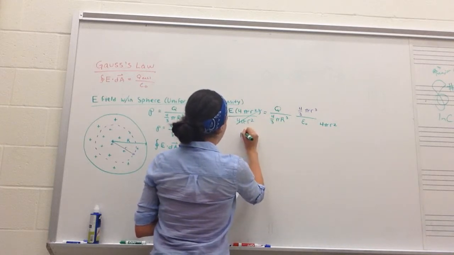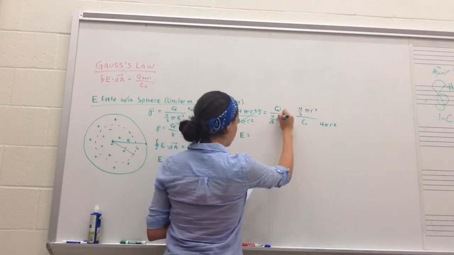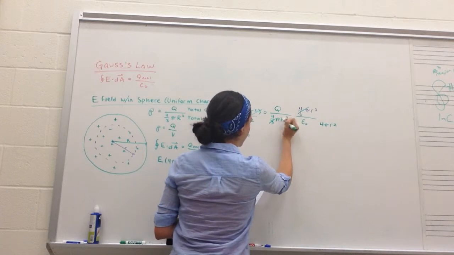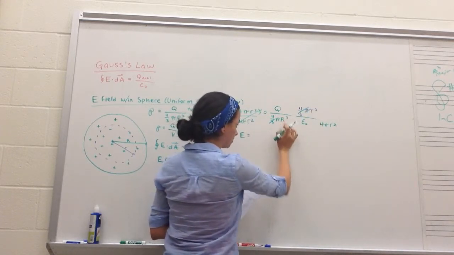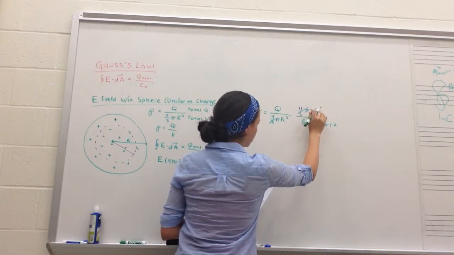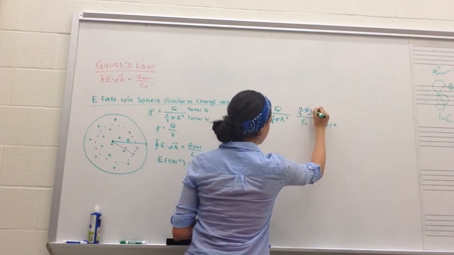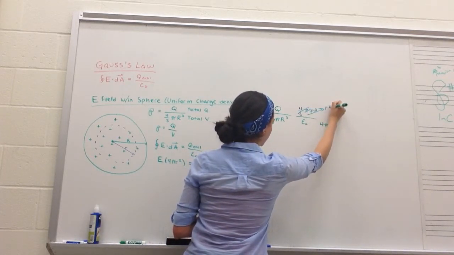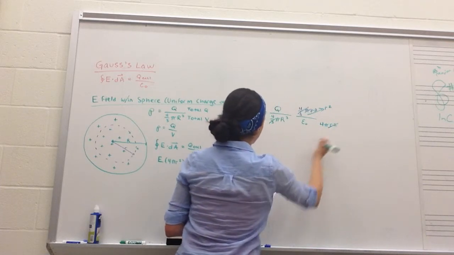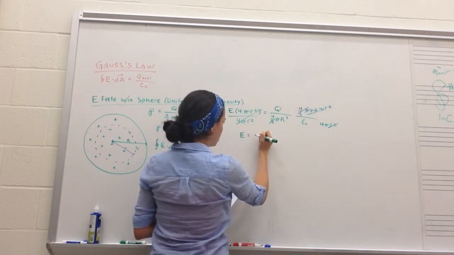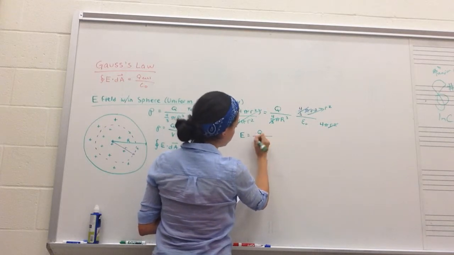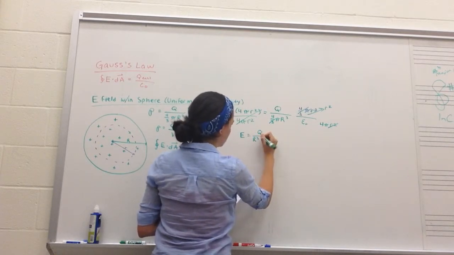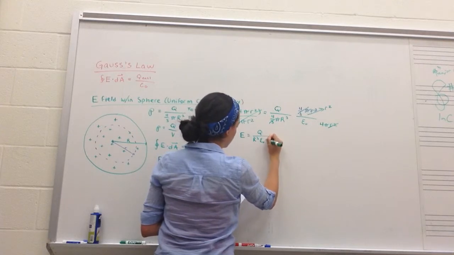So 4/3 goes away, pi's go away, big R cubed stay. This r cubed goes to r squared, as this one goes away. So we're left with E equals Q over r cubed, epsilon naught, 4 pi.